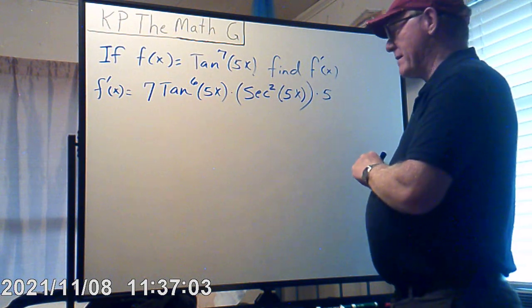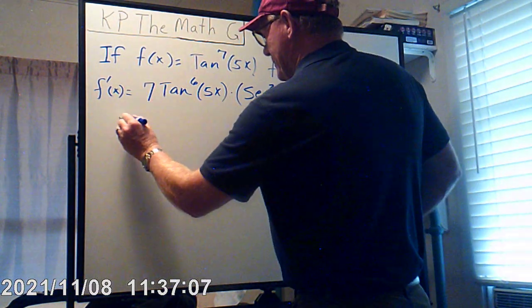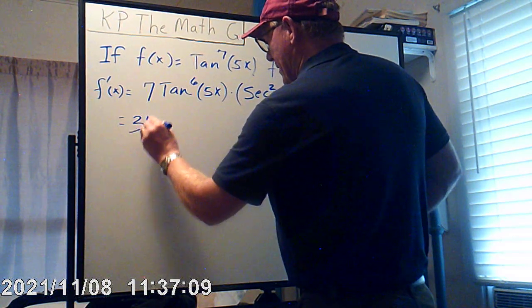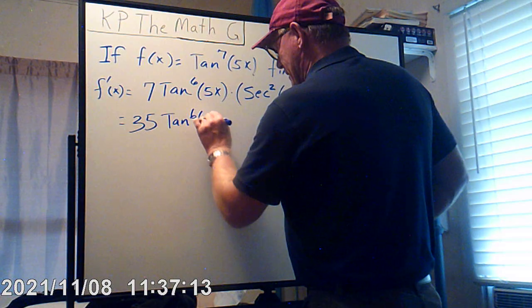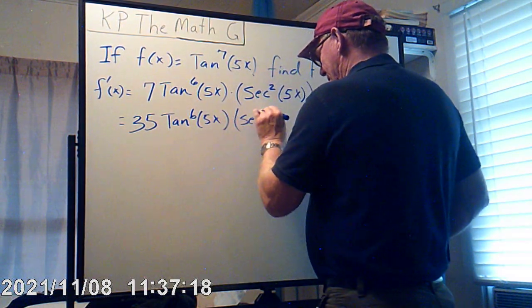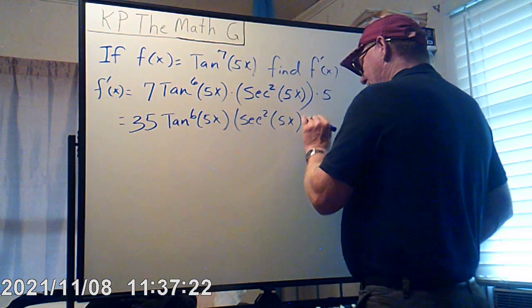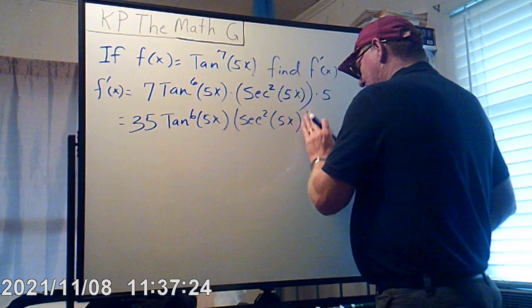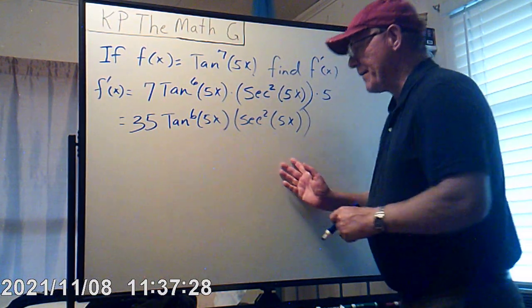Okay, that's it. And if you want to, 5 times 7 is 35. So tangent to the 6th of 5x, times secant squared of 5x, times 5. Oh, well, we already multiplied 5 times 7. And that's it right there. There it is.